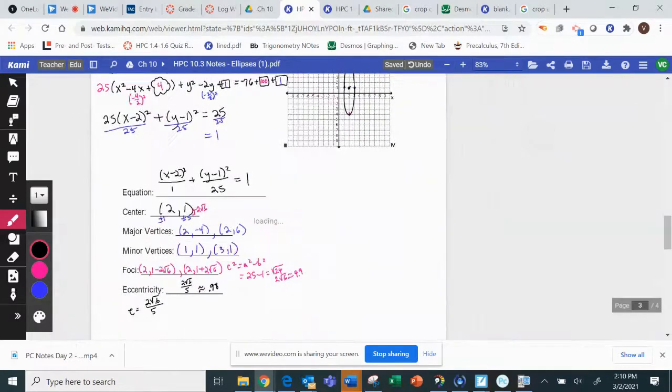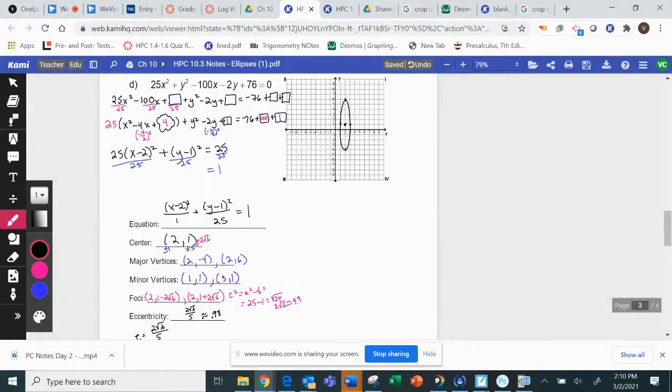It is, well, big, 0.98, close to 1. So this is really ovalish, very ovalish.